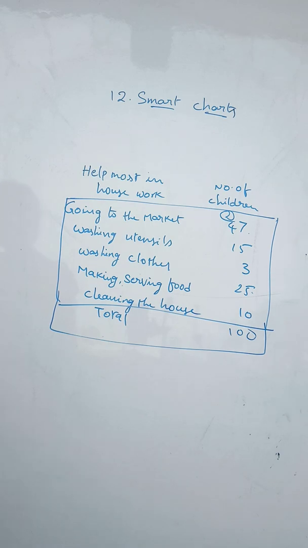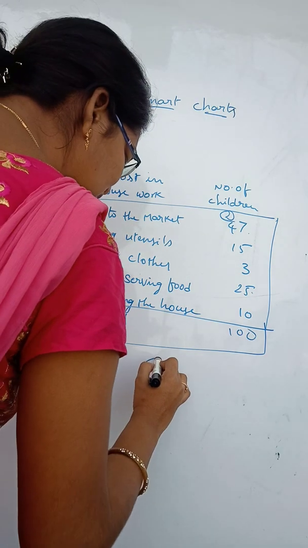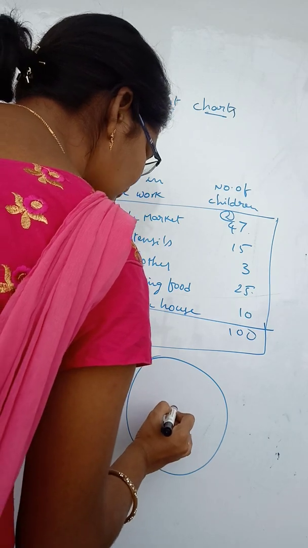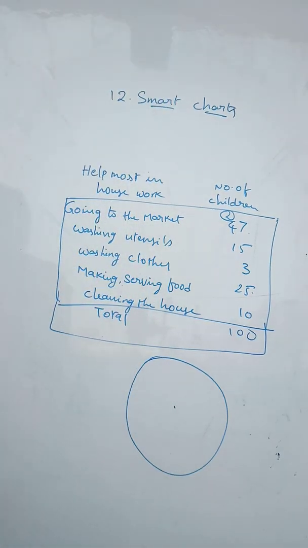For this, we should make a chart. In math language we call this a pie chart, but here they call it a chapati chart. Can you fill the chapati chart to show the numbers given in the table?